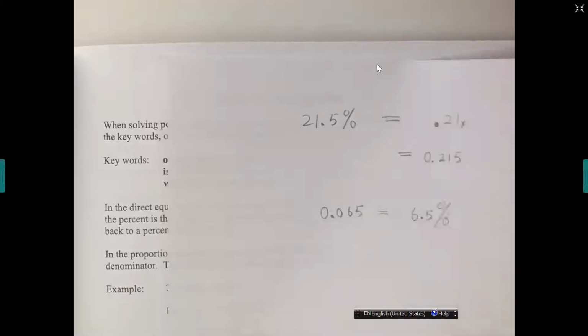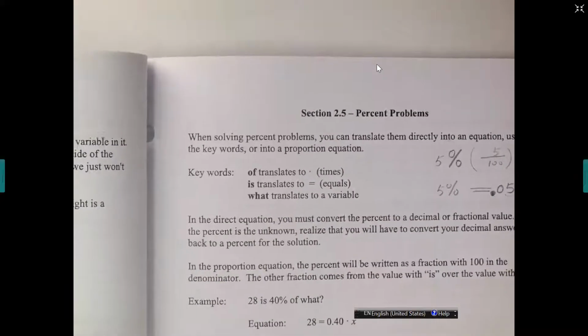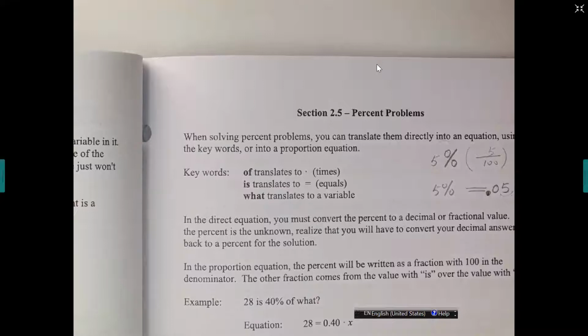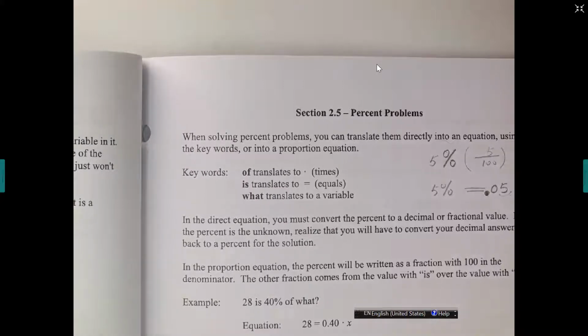Now go back to what we are doing in section 2.5. In those problems, we'll see a sentence or a paragraph telling us some information, and we need to translate the English phrase into an algebraic expression.